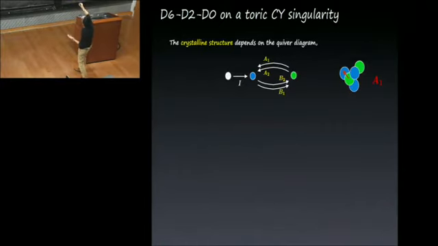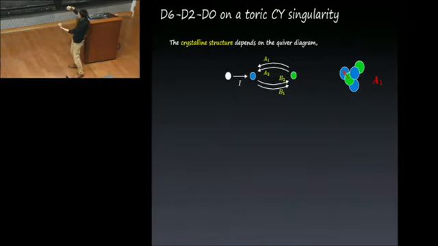For example, this is one example of a melting crystal. And we have 2 different kinds of atoms, blue and green atoms, right? Those 2 different kinds of atoms correspond to the 2 blue and green quiver nodes in the quiver diagram. And let me ignore the white one for now. Also, in the crystal we have many atoms, and the blue and green atoms are attached at some point.